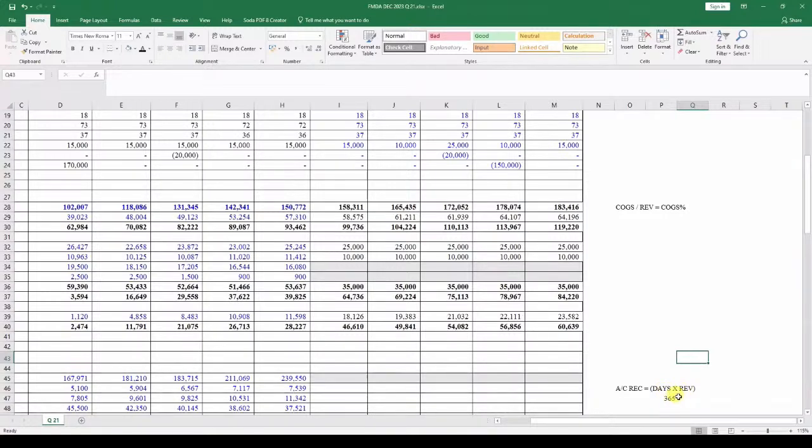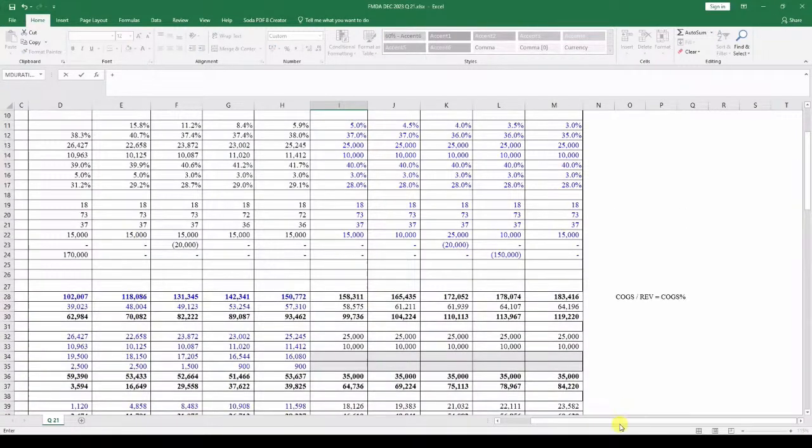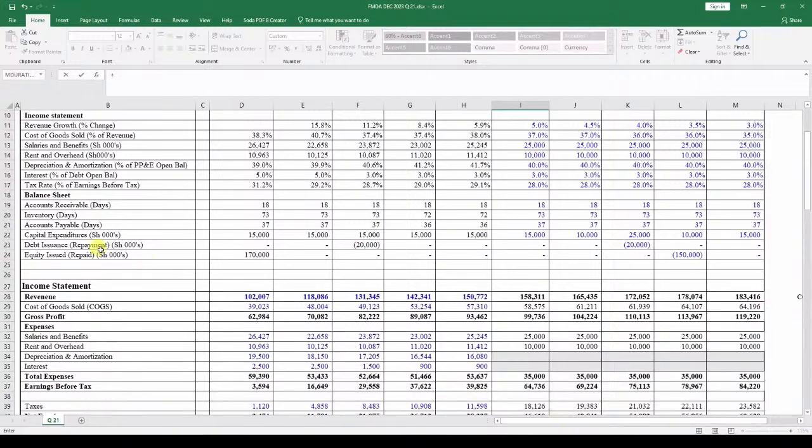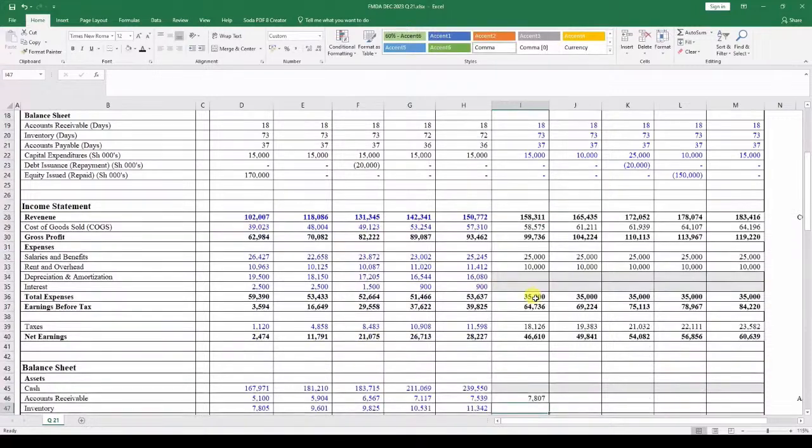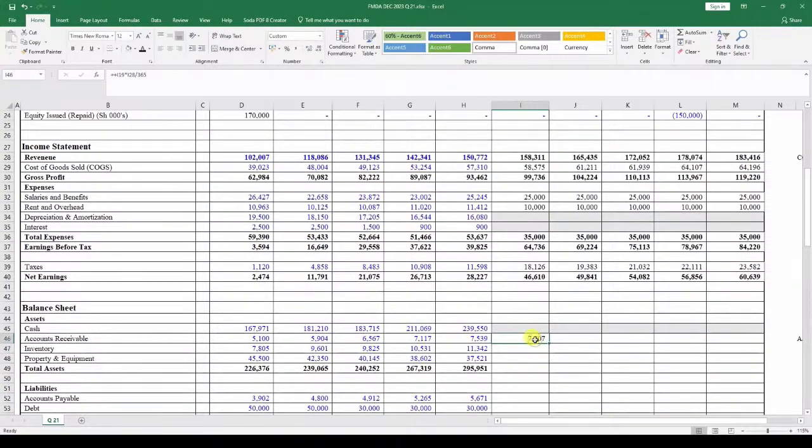We've just adjusted the formula: initially, to get the days, we take the accounts receivable times 365 over revenue, and we are just rearranging this formula. We get the days here, accounts receivable days, multiply that with the revenue, then divide over 365, and we have that value given to us there.